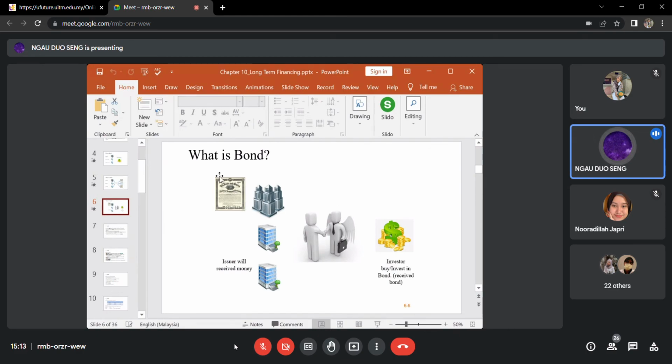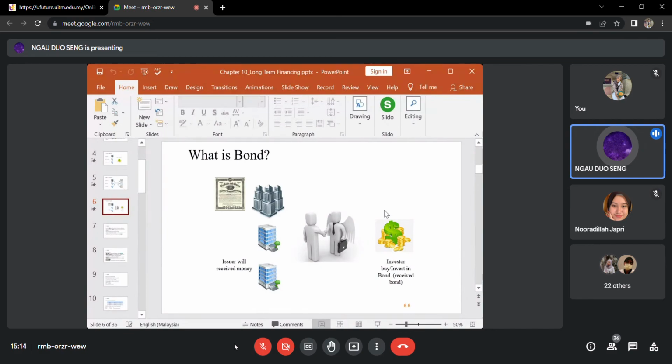Atau yang certificate actually adalah satu certificate menunjukkan I owe you. Meaning I am owing you money lah sebagai bukti. So investor dia akan simpan certificate sampai tarikh matang, dia akan ambil duit lah balik from the company, right, issuer. Right, so syarikat dapat duit, investors dia akan dapat satu kertas certificate.